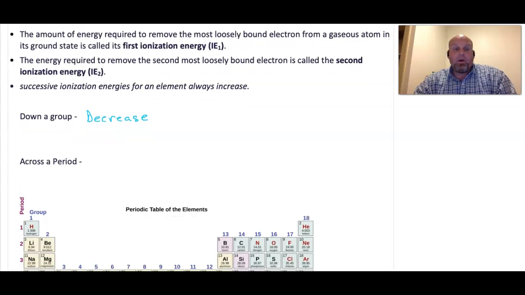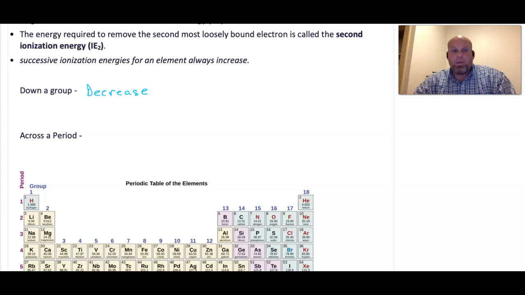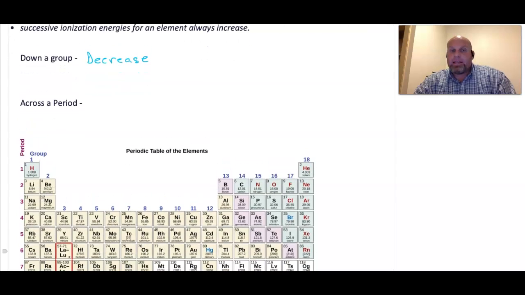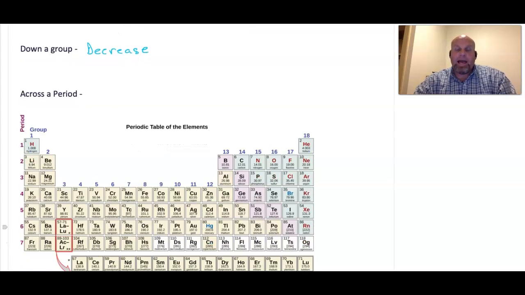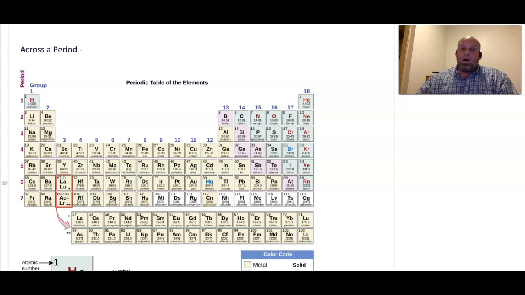As I move across a period, one of the things that helps here is thinking about the octet rule. We know that all the atoms in the periodic table are trying to fill their octet. They're trying to get the same electron configuration as the noble gases.